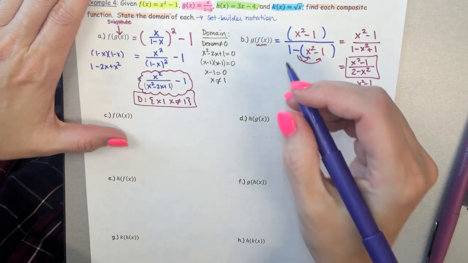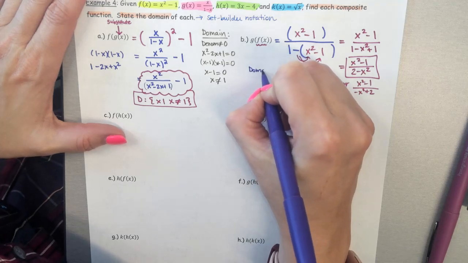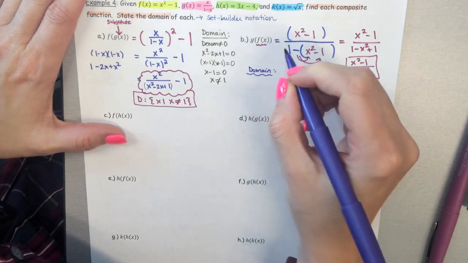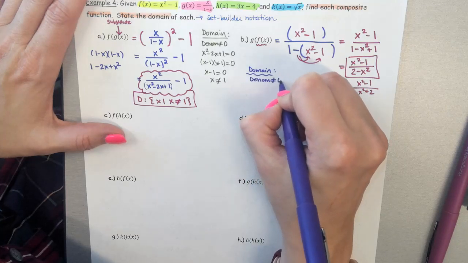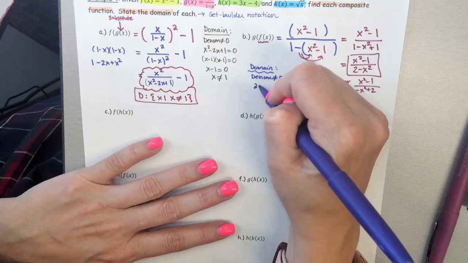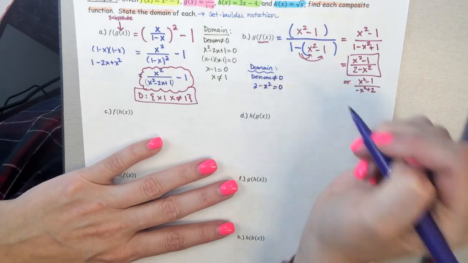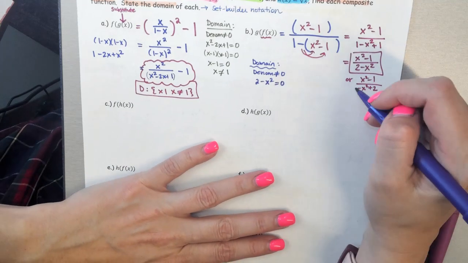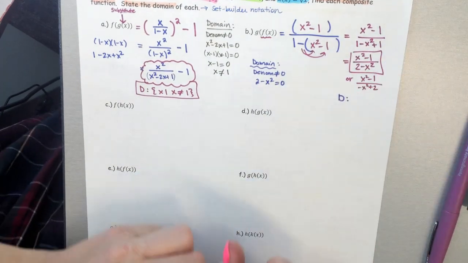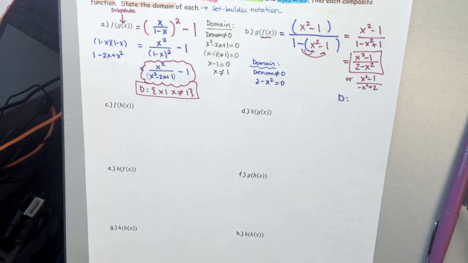So if ever you have a fraction, you know that the denominator can't be 0. So we're going to set 2 minus x squared equal to 0 and solve. So see if you can do that and then write out your domain. Okay, and then you can start part C.